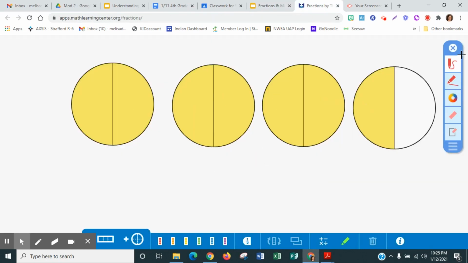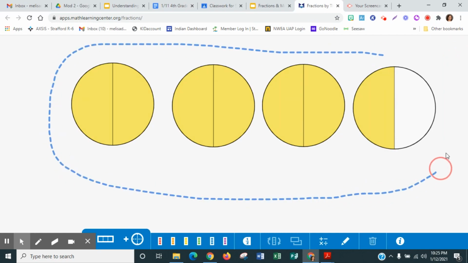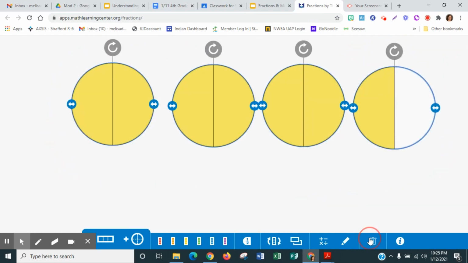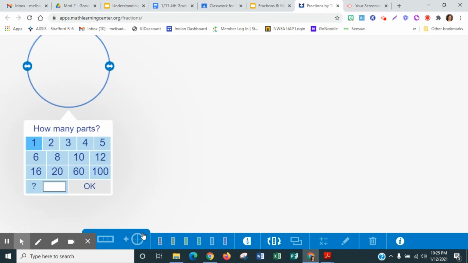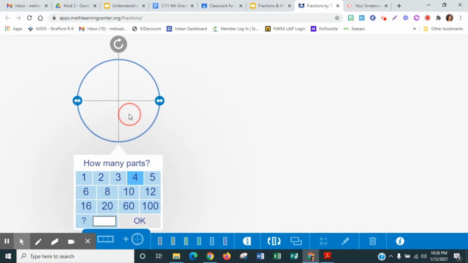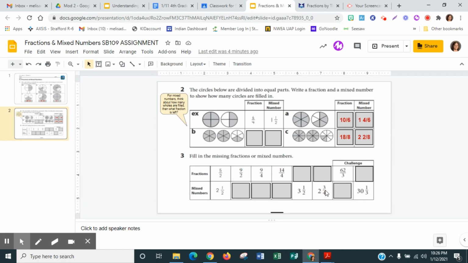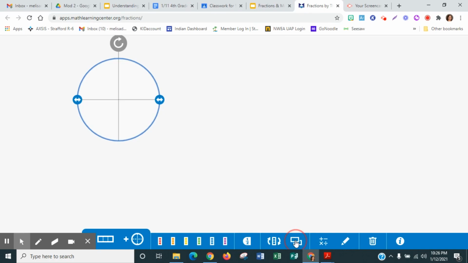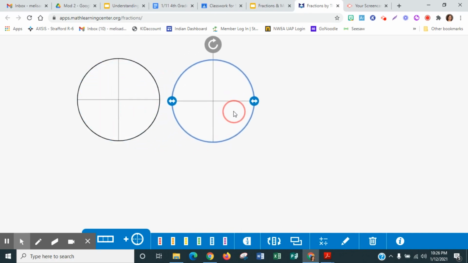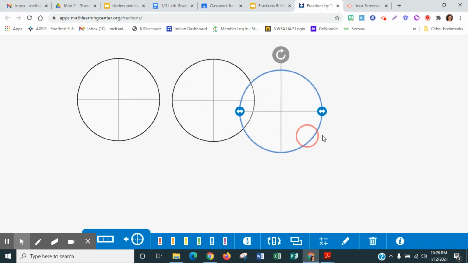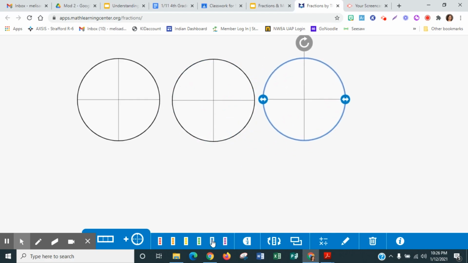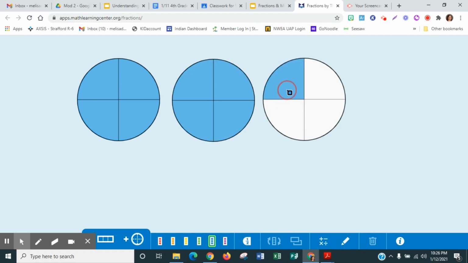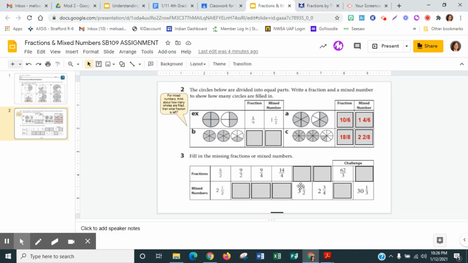Okay. So this time we are going to need fourths. So 4 parts. And that was 2 3/4. So that means I need 2 wholes. But then I also need 3/4 of another one. So now let's fill it in. Got 4 here for one of the wholes, 4 here for the other one, and it was 2 3/4, right?